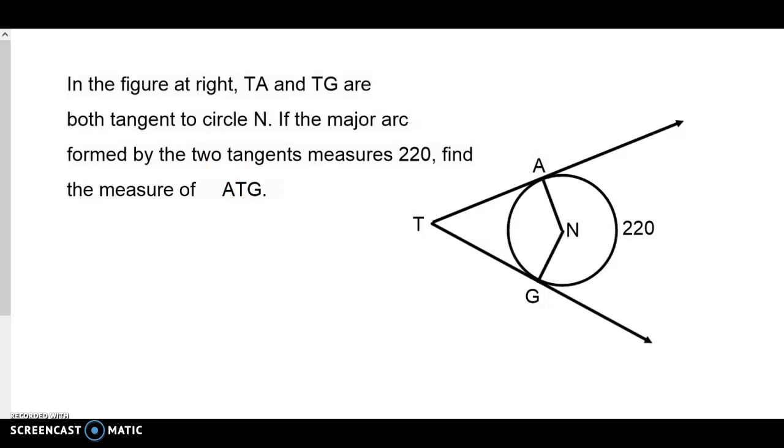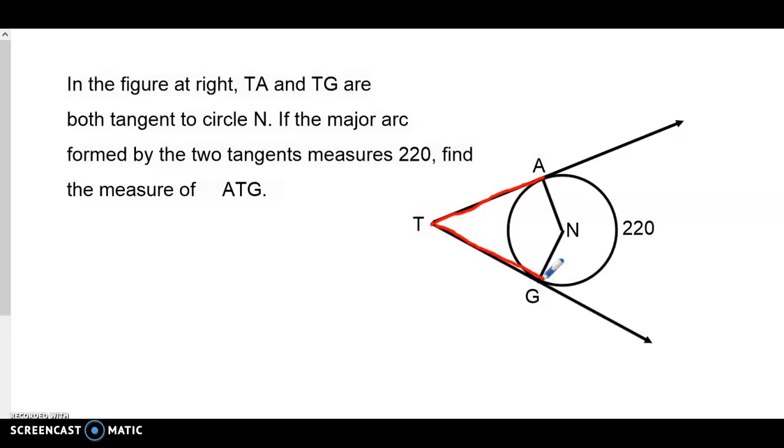For this question, as we see in this figure, TA and TG are both tangent to circle N. So that means this one and this one are tangent.